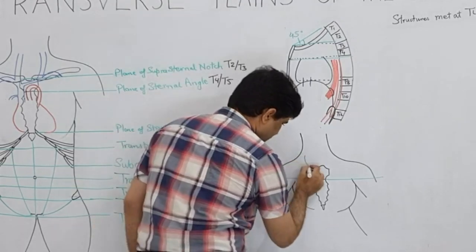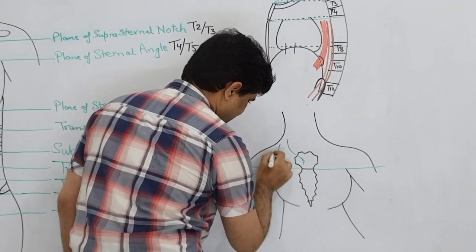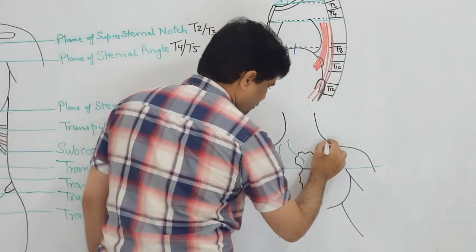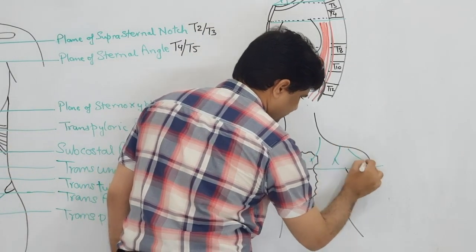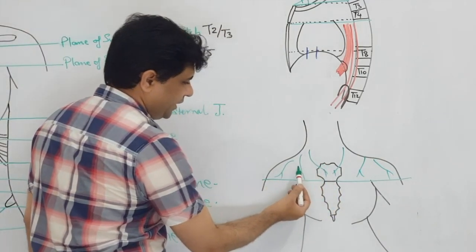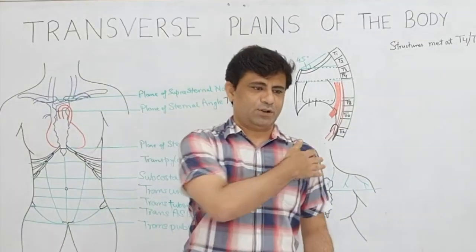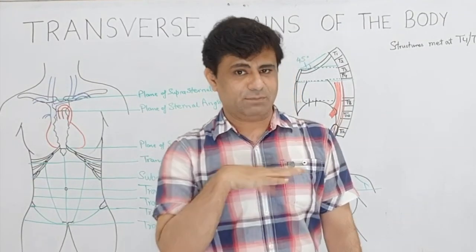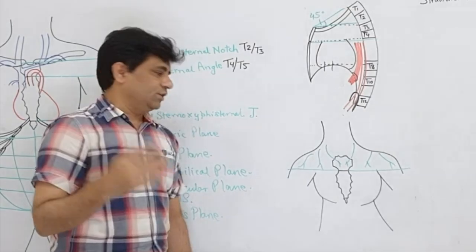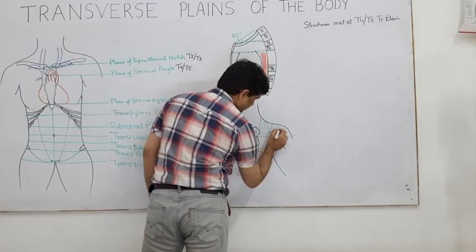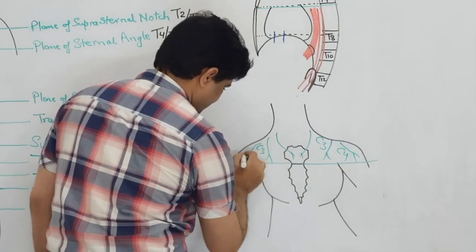So remember, this is by the medial, intermediate, and lateral supraclavicular nerves, which supply the skin of the front of the chest above the sternal angle. And the dermatomes here will be C3, C4, C3, C4.